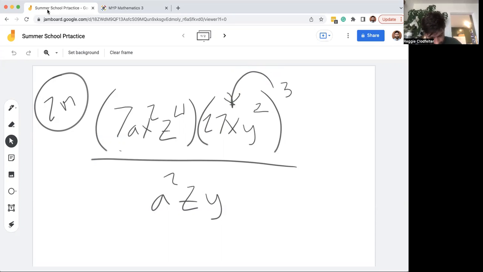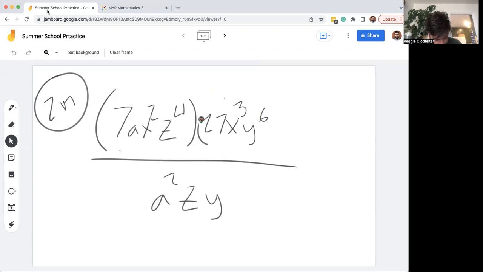X cubed is x cubed. And then we'll apply it to the y squared. Y squared cubed is y to the 6th, because that's 2 times 3. So I have 27x cubed y to the 6th.